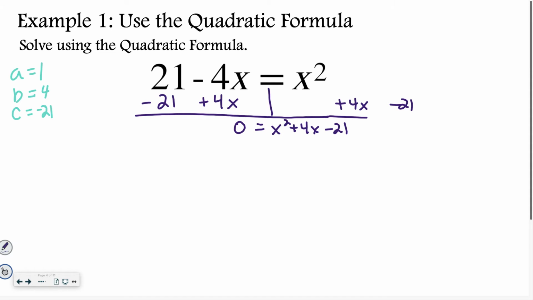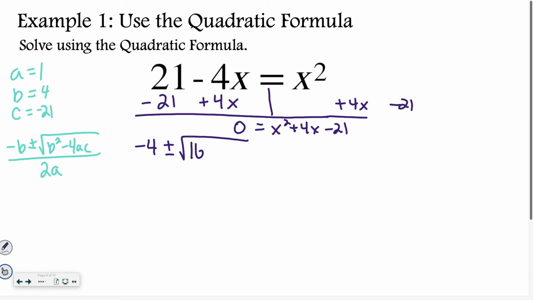All right, let's plug things into the formula. Okay, so again, I'm going to write that off to the side to help me remember where to plug things in. So I have negative b, so negative 4, plus or minus the square root of b squared. So I'm going to maybe just start simplifying right now. B squared, so 4 squared is 16 minus, and then 4 times 1 times negative 21, all over 2 times 1.